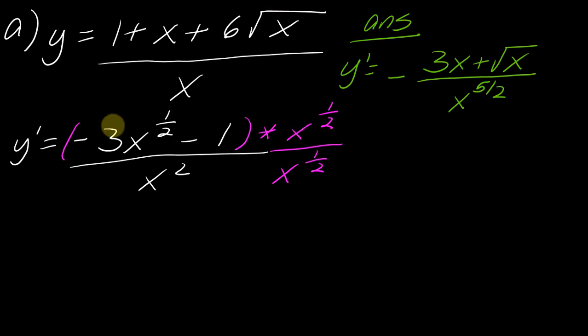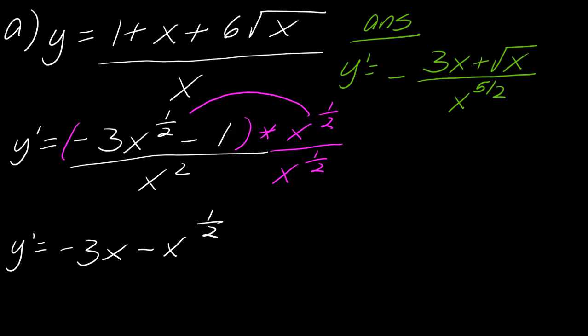So I'm going to distribute this in. So if I take this times this, I get y prime equals negative 3x. So 1/2 plus 1/2 is just 1. So now this is negative 3x. And then moving here, this is going to be just minus x to the 1/2.